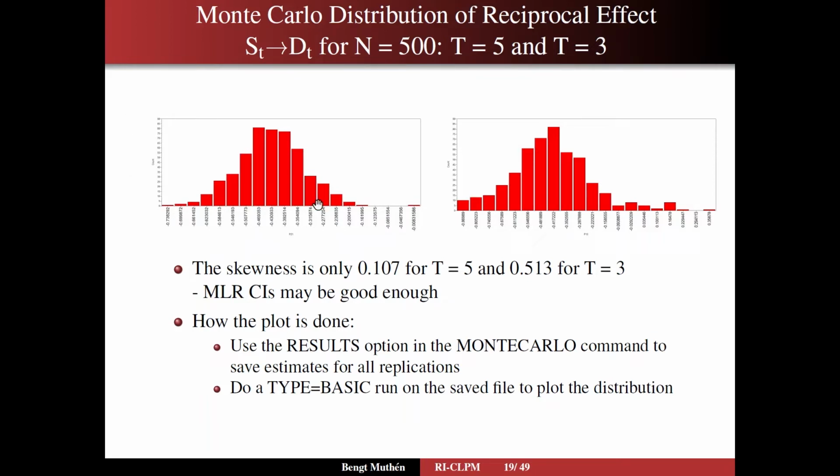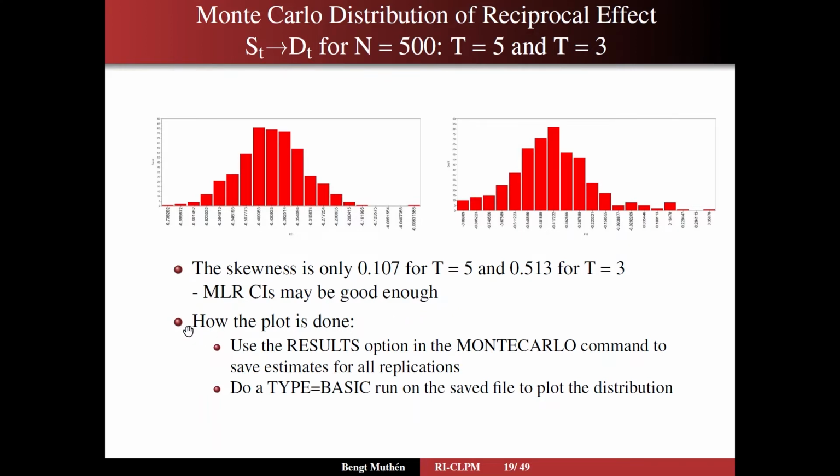Here's what it looks like for t equals 5, and on the right for t equals 3. And the skewness is fairly low. I mean, you see some skewness here, high values up to the right, but it's not that big, or at least not for t equals 5, a little higher for t equals 3, but not that high. What I conclude from that is that the maximum likelihood MLR CIs may be good enough, the non-symmetric ones.